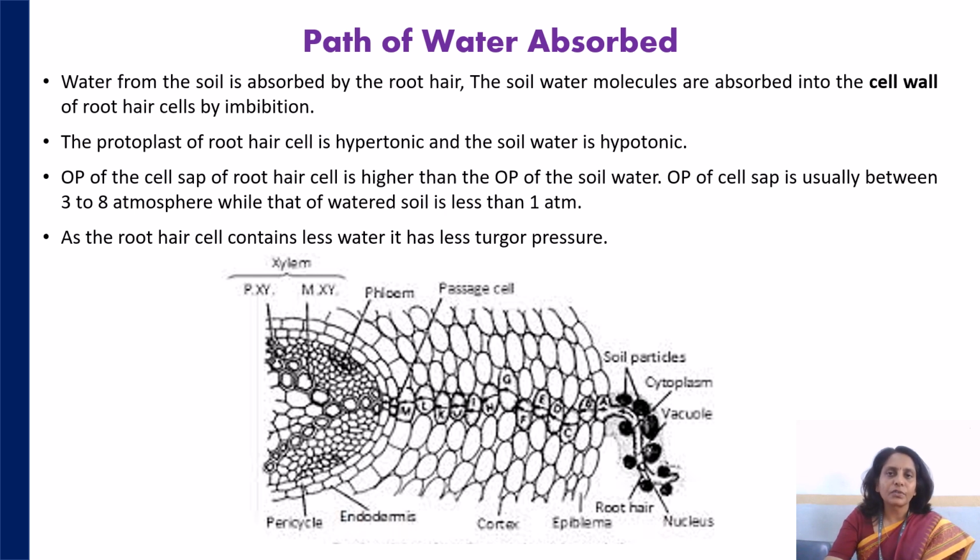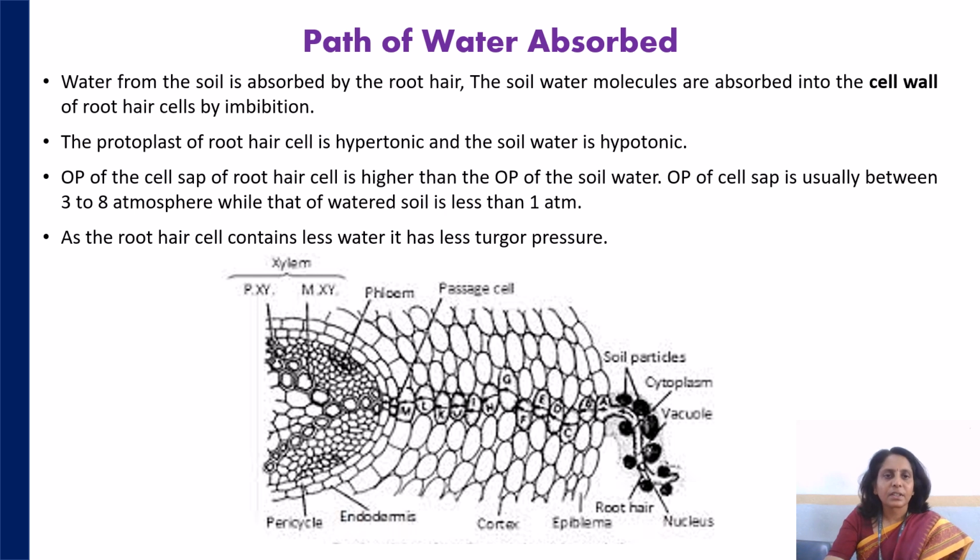The protoplast of the root hair is hypertonic while the soil water is hypotonic, and therefore, according to the principle of osmotic pressure, water moves from a region of lower osmotic pressure to a region of higher osmotic pressure. The osmotic pressure of the cell sap is usually between 3 to 8 atmospheres, while that of the soil water is less than 1 atmosphere.